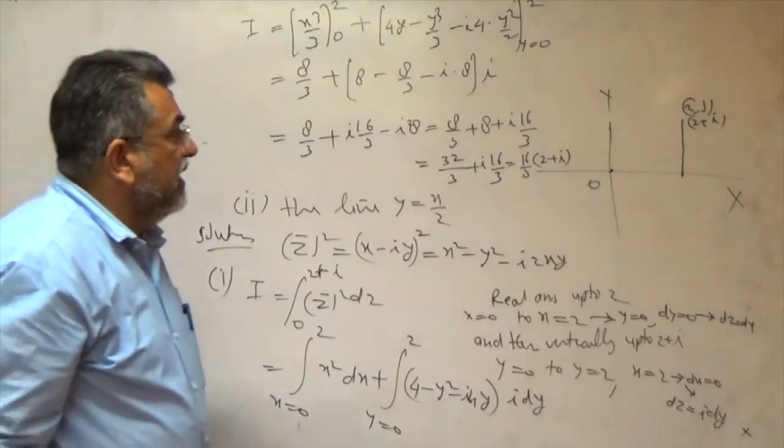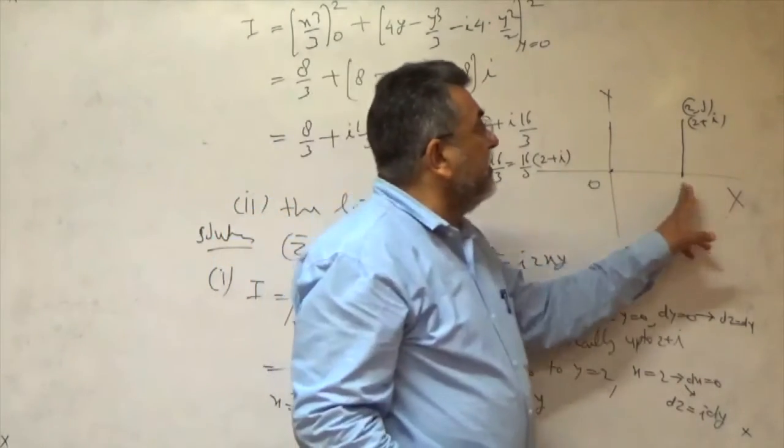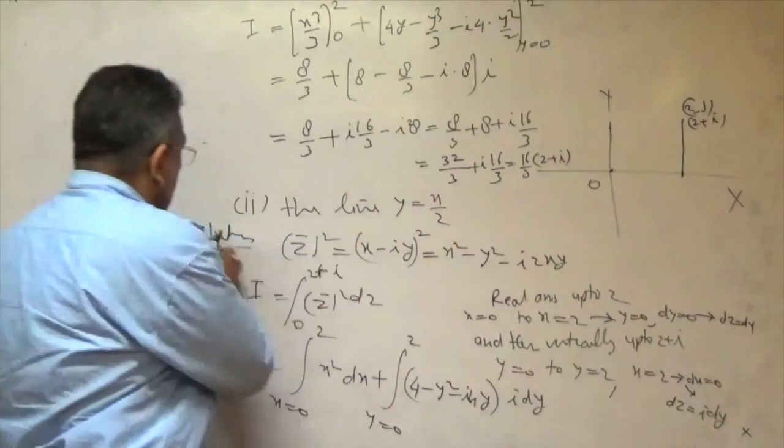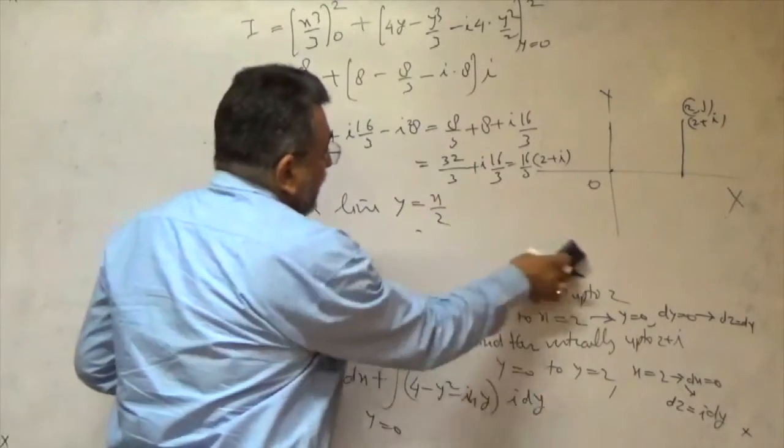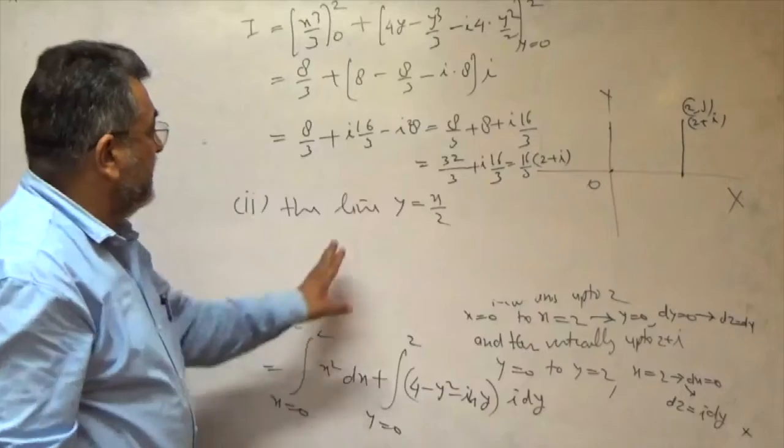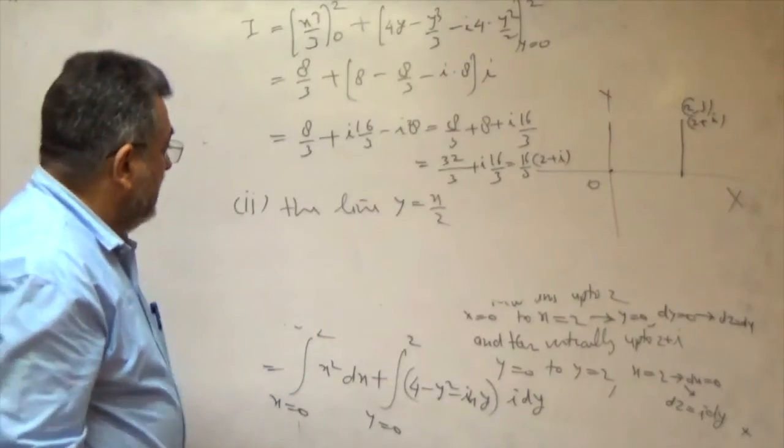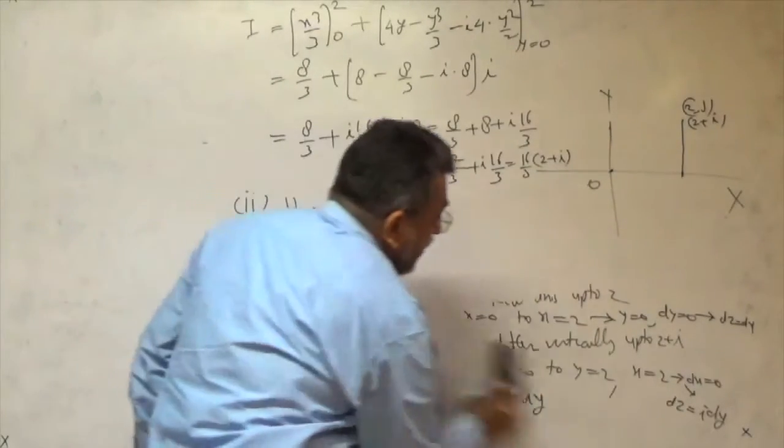The value of the integral along the real axis up to 2, then vertically. Now, in the second part, this is the path: the line y equal to x by 2.